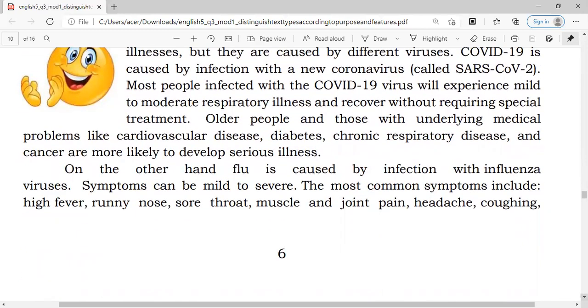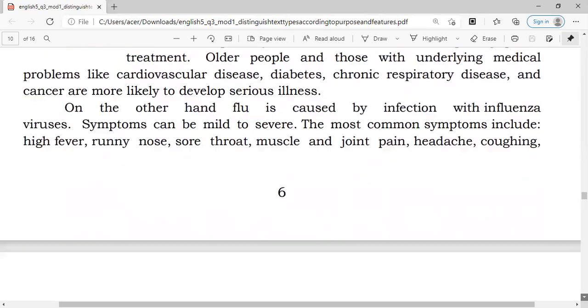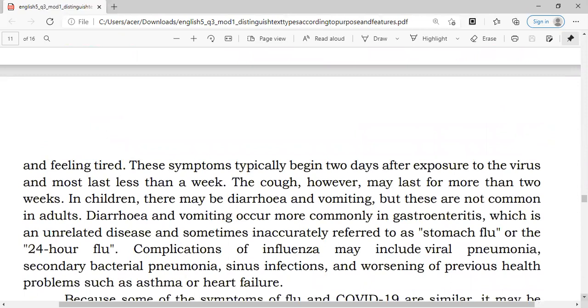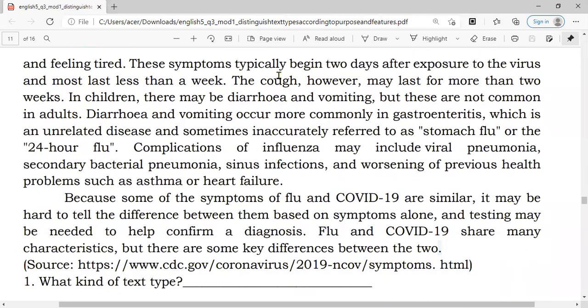Symptoms can be mild to severe. The most common symptoms include high fever, runny nose, sore throat, muscle and joint pain, headache, and coughing, and feeling tired. These symptoms typically begin 2 days after exposure to the virus and most last less than a week.